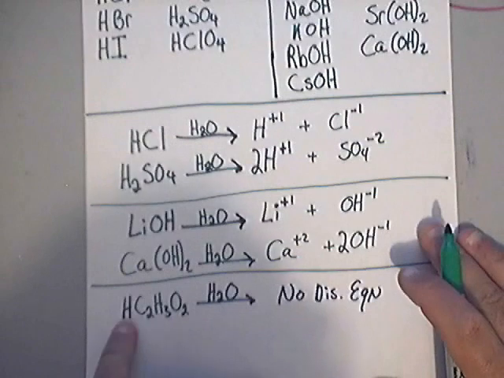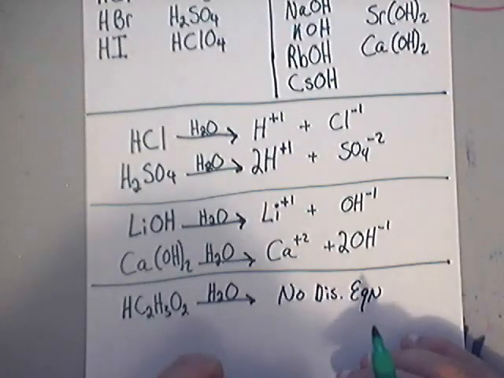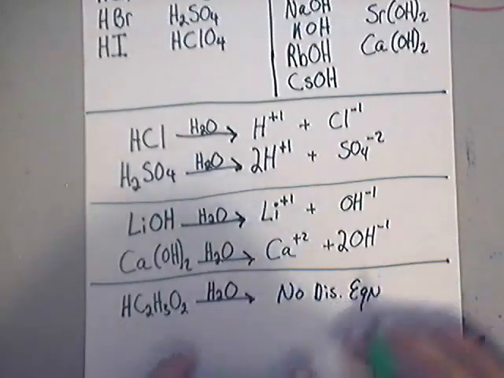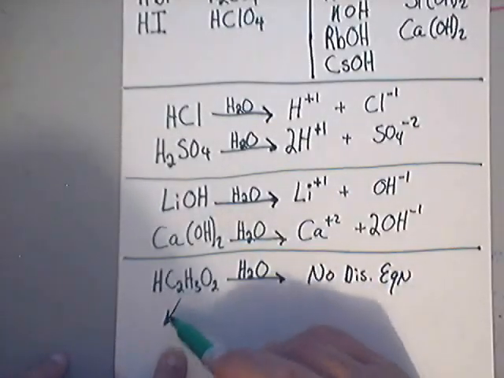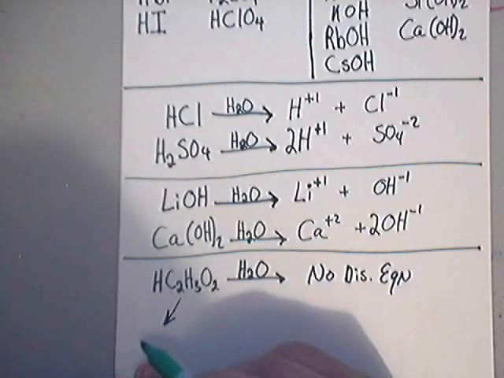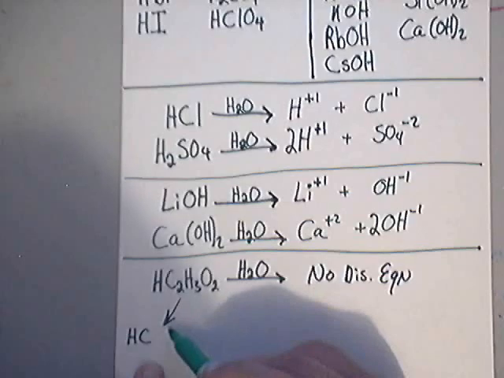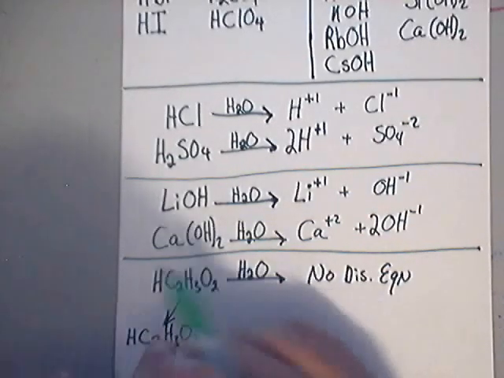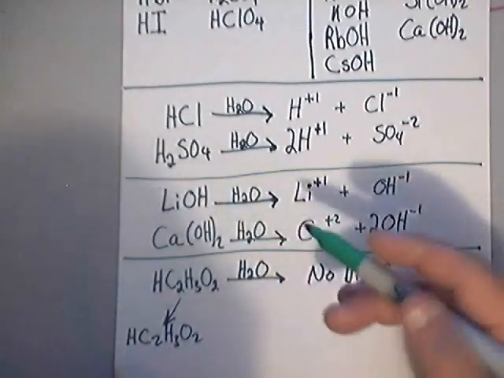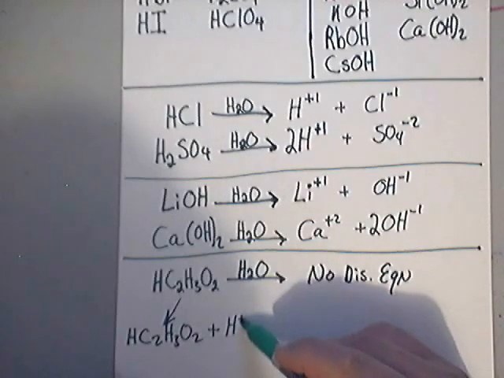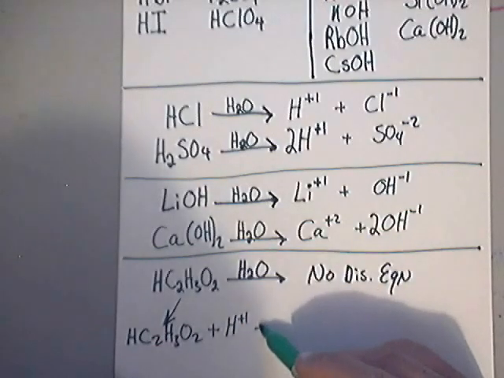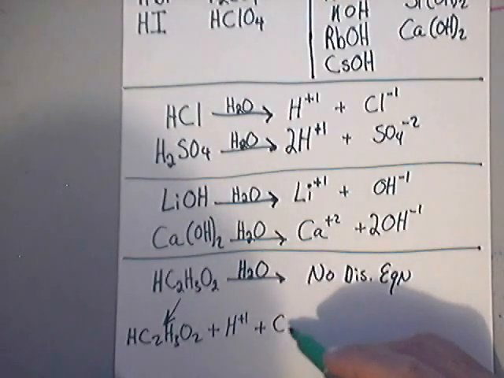Since this is a weak acid, it's not going to dissociate 100%. Believe it or not, some of it does break down, but what you end up with is a large percentage of the acetic acid not breaking down, so you would still have HC2H3O2 in the water floating around, but also a little bit of the H+1 ion and a little bit of the acetate ion.